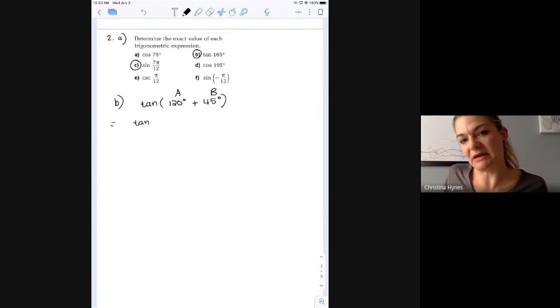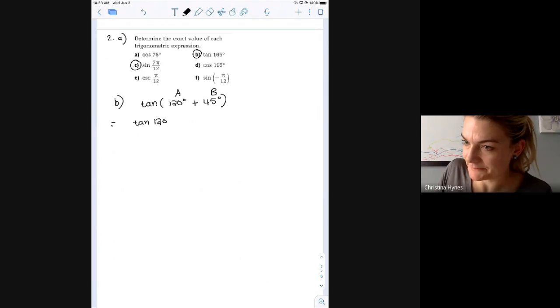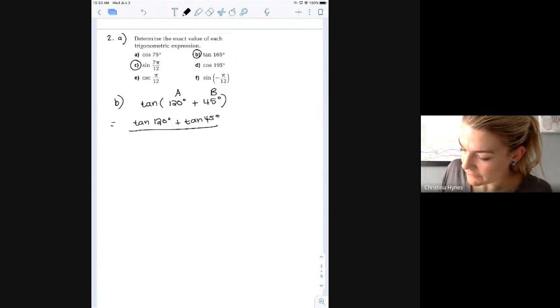You could have A being 45 and then B being 120. It wouldn't make a difference. So it's going to be tan of A plus tan of B, just looking at my formula sheet, over 1 minus tan of A multiplied by tan of B.